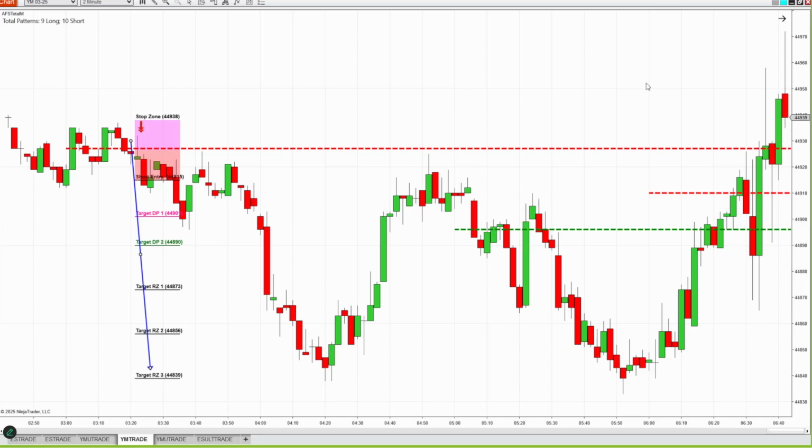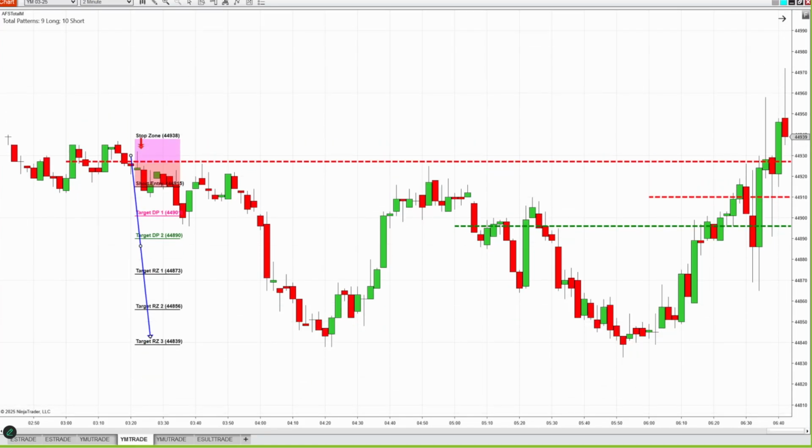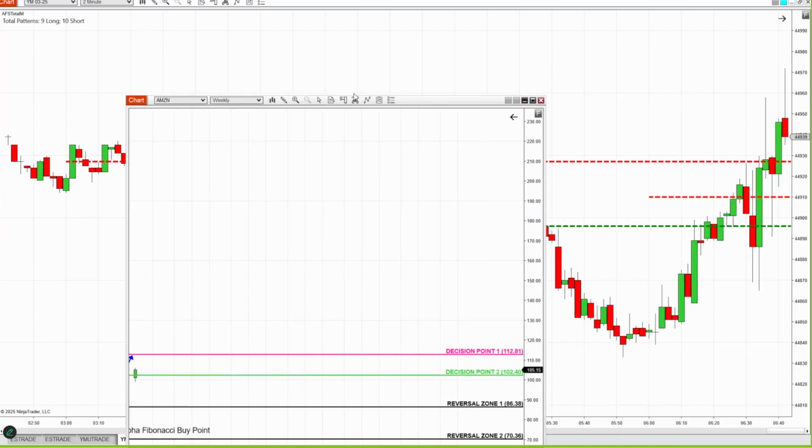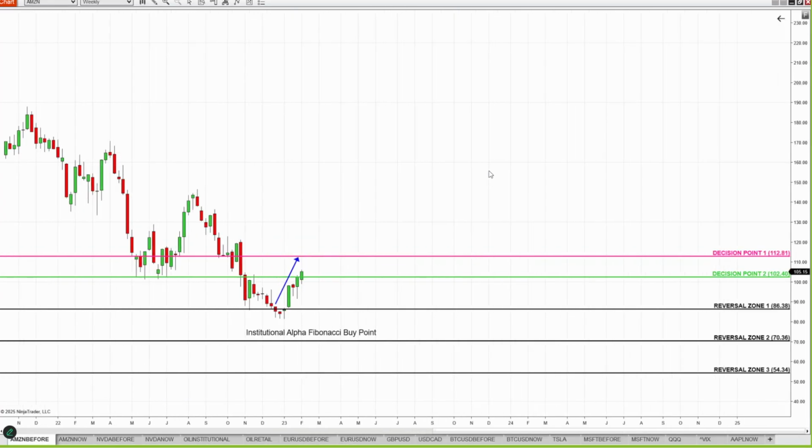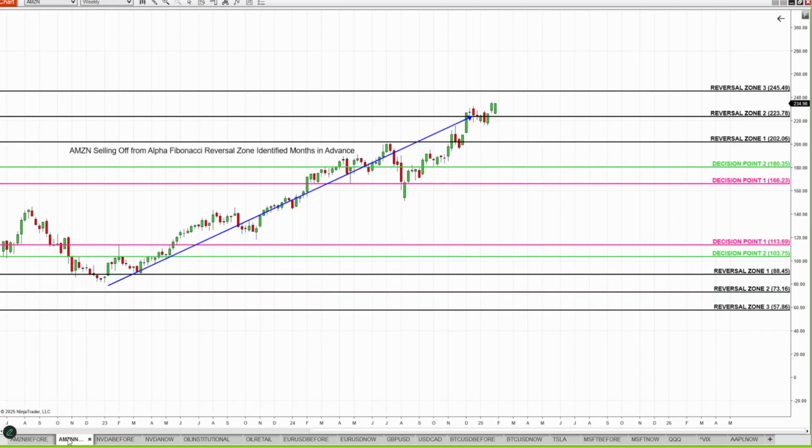You make a personal decision, the chart you want to trade. The RZ reversal zone is an identical event that's been present on Amazon. The only difference between the two: when you're trading Amazon, you're looking at the charts once a day, once a week, once a month. You knew where to buy the bottom. You knew where the top is.